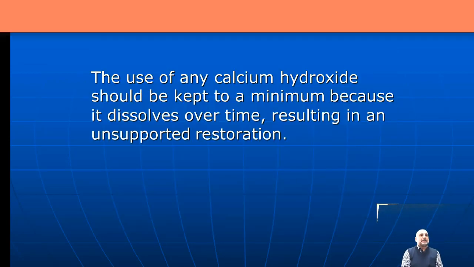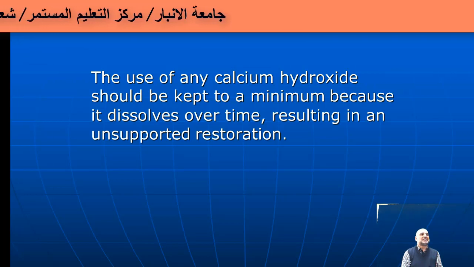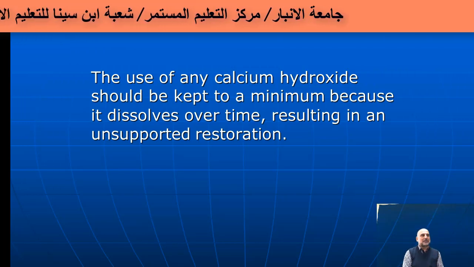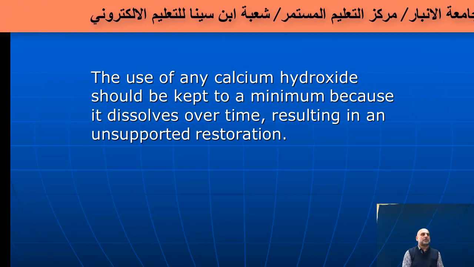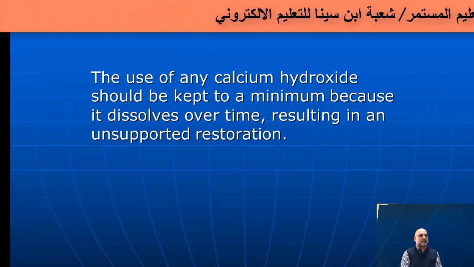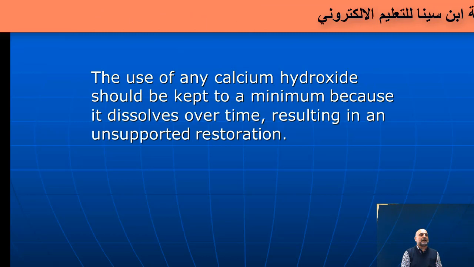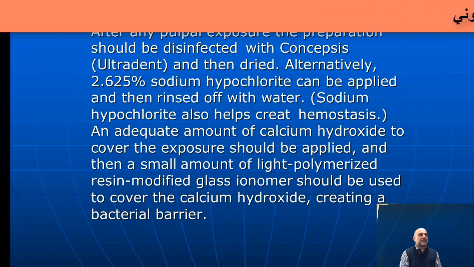The use of calcium hydroxide should be kept to a minimum because it dissolves over time, resulting in an unsupported restoration. This is one of the shortcomings of using calcium hydroxide. It dissolves over time. So, what can we do?